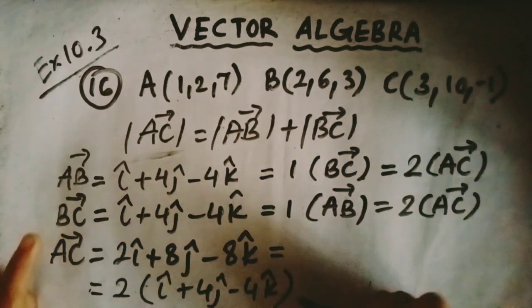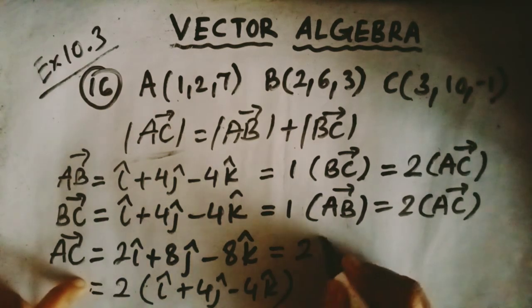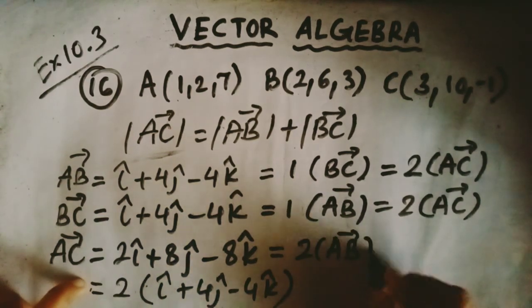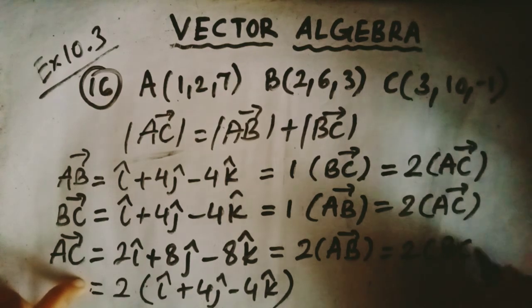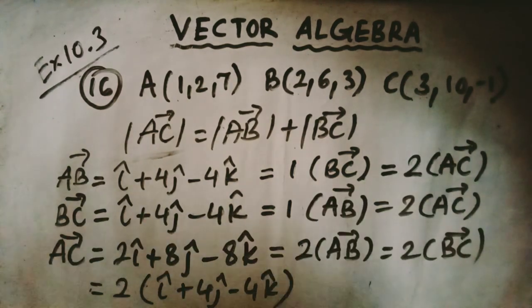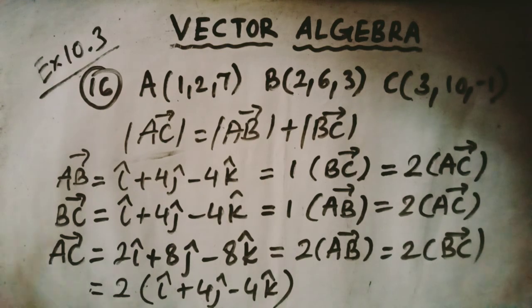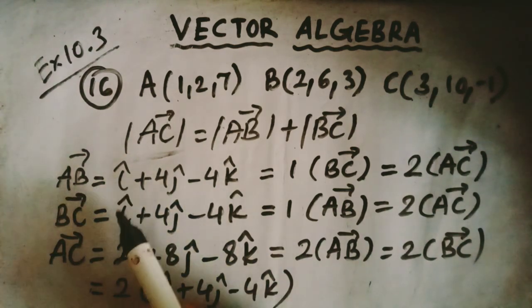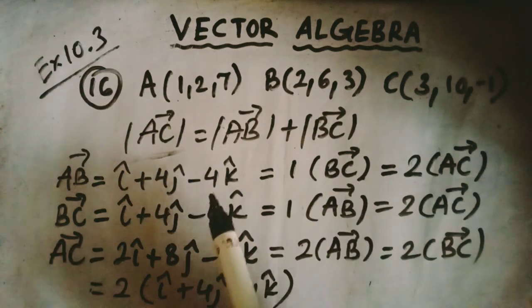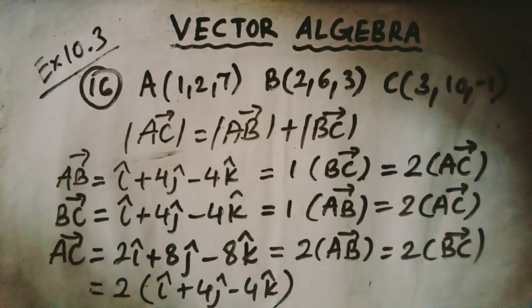Okay, this you can write 2 into AB vector and also 2 into BC vector. So they are scalar multiples of each other. So all three vectors are collinear. Or you can find out the scalar components and show that they are proportional. So this will be 1 upon 1, 4 upon 4, so it is 1, again 4 upon 4, it is 1. Okay, so you can prove by that method also.